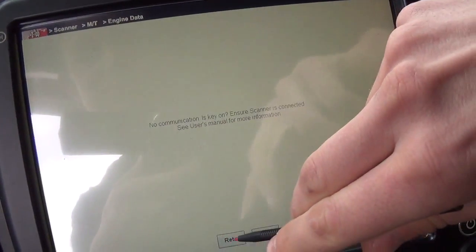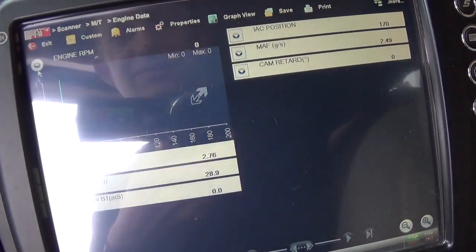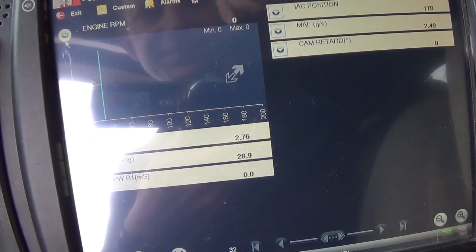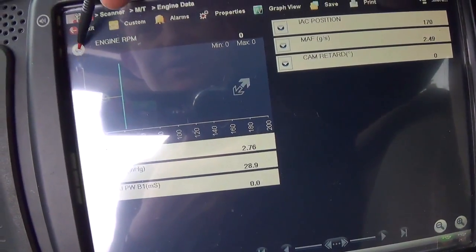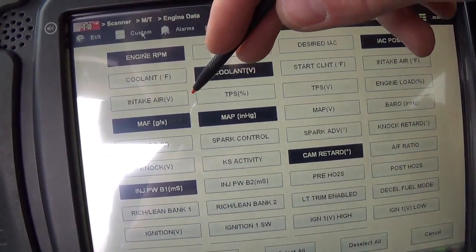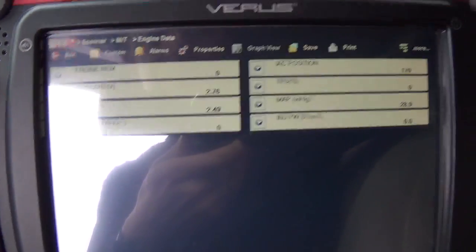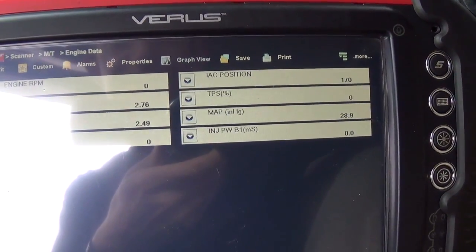I saw no change on any of those PIDs. No RPM. Where's our TPS? Didn't we graph that? Let's see. TPS percent. See if that works. Yep, that changes.